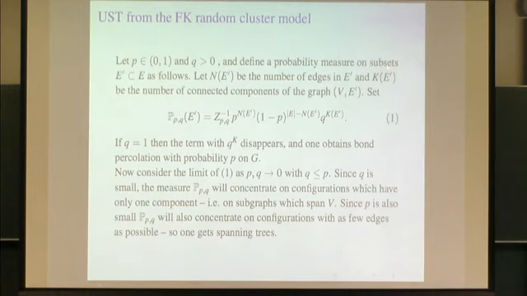We take an edge subset, we look at the number of edges, that's N(E'), and K(E') is the number of connected components we get in the graph. And then we define a probability measure in this way. This is the usual sort of normalizing constant. This is a binomial type expression here, and then we weight it with this q to the k factor. If q is 1, then this term disappears, and a little thought tells you you've got IID bond percolation.